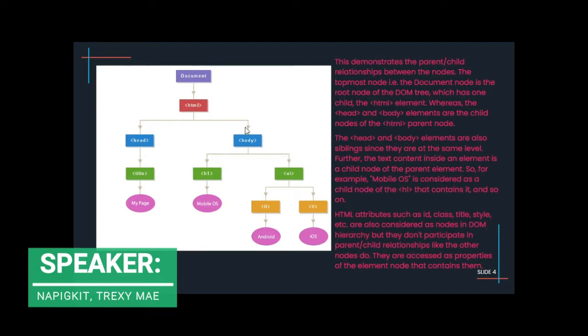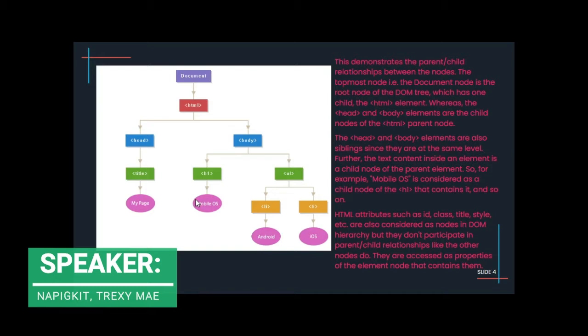The head and body elements are also siblings since they are at the same level. Further, the text content inside an element is a child node of the parent element. For example, "Mobile OS" is considered a child node of the H1 that contains it, and so on.